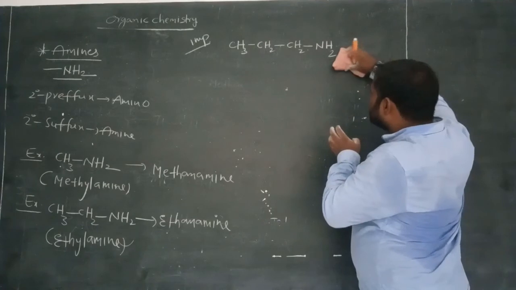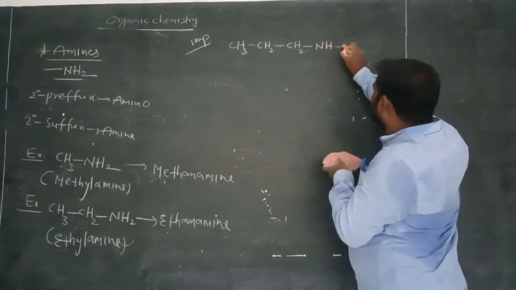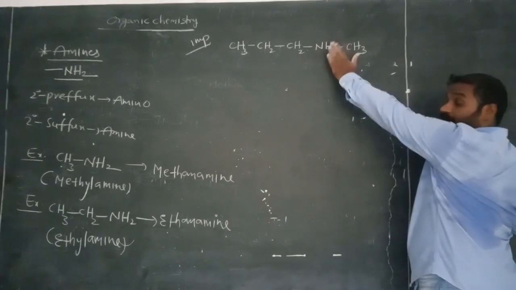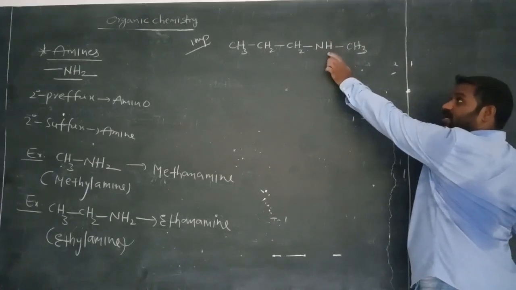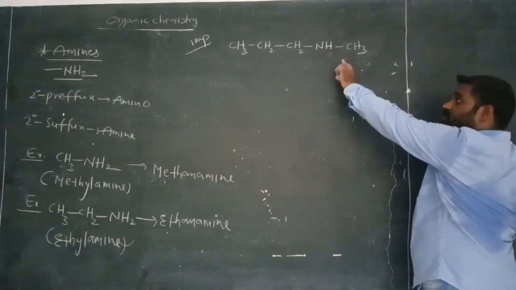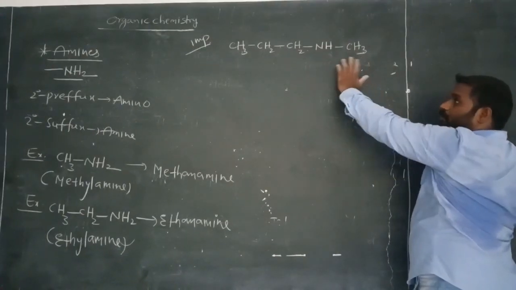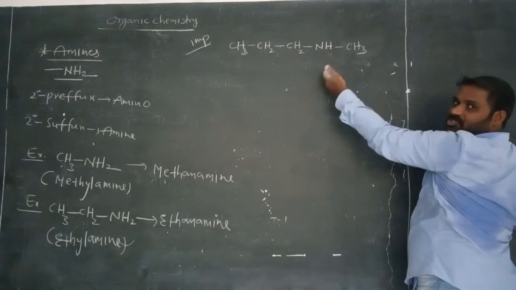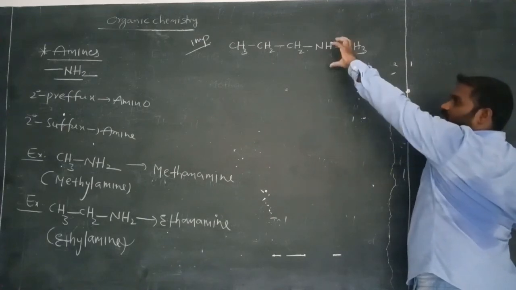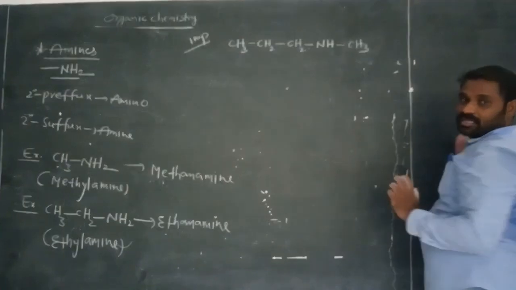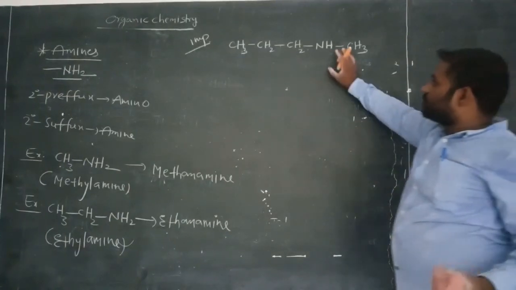Just remove one hydrogen and keep a CH3 as substituent. Instead of two hydrogens, only one hydrogen is here, and instead of the other hydrogen, we keep one methyl group. This is an amine derivative, formed from NH2. So here we just replace hydrogen and add methyl on nitrogen. So it is also an example of amine compounds.